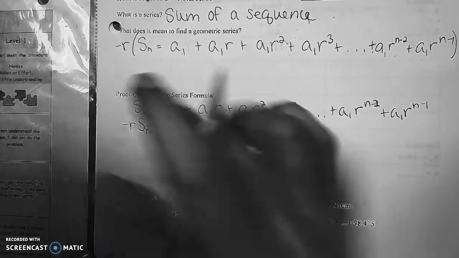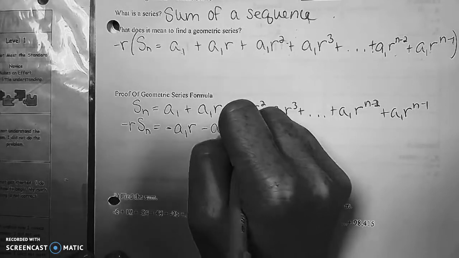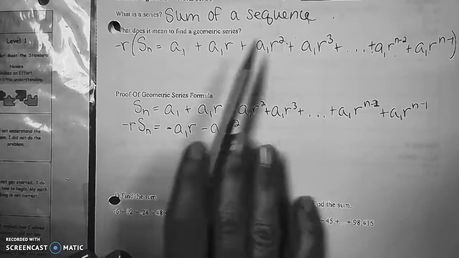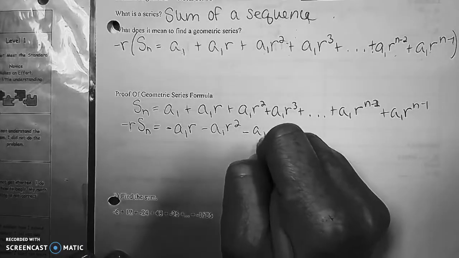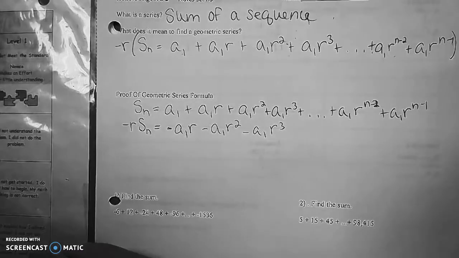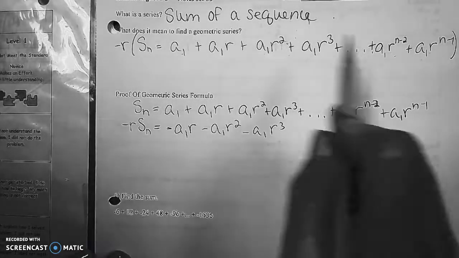A1R times negative R gives us a negative A1R squared. A1R squared times negative R gives us a negative A1R cubed, and so on. Let's do the last couple.